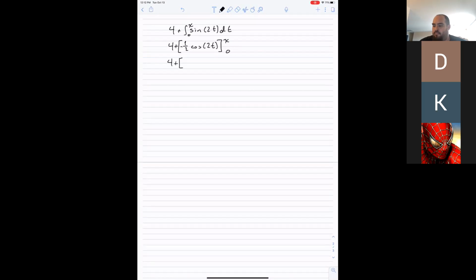At 0, you get -1/2. Okay, so at 0, we get -1/2. How about when we plug in x? -1/2 cosine 2x. Okay, -1/2 cosine 2x. Something like that? Anybody see any problems?